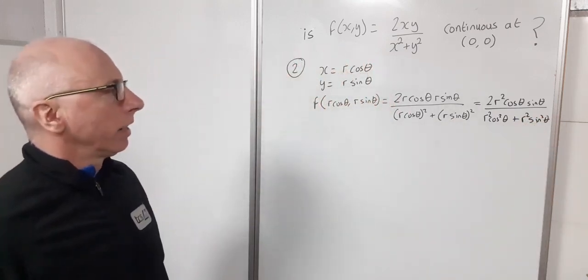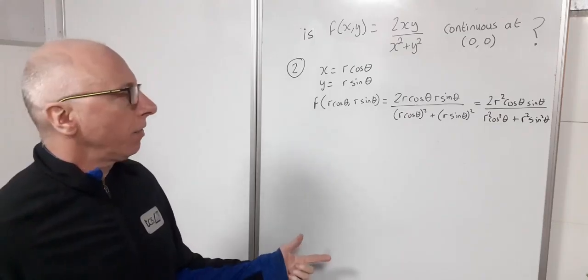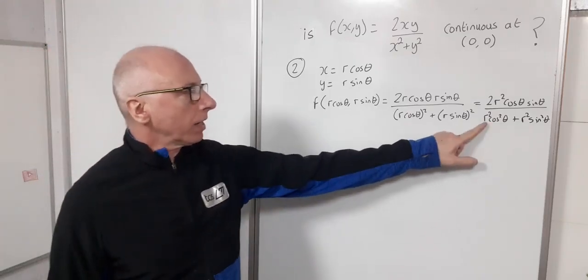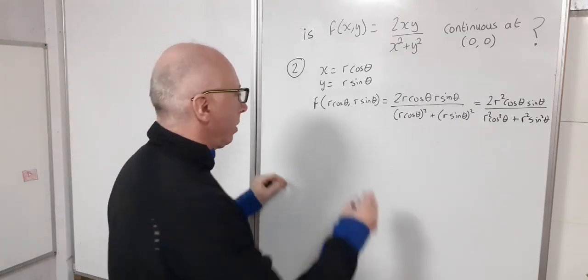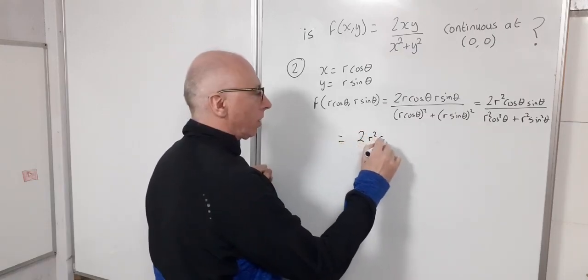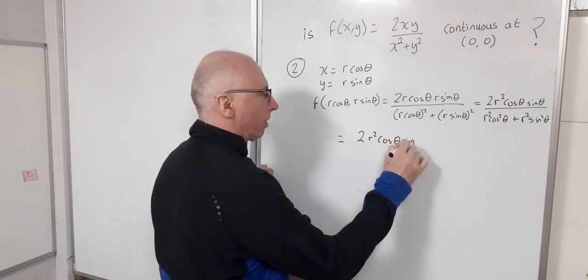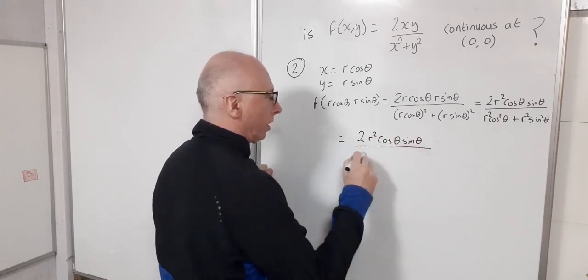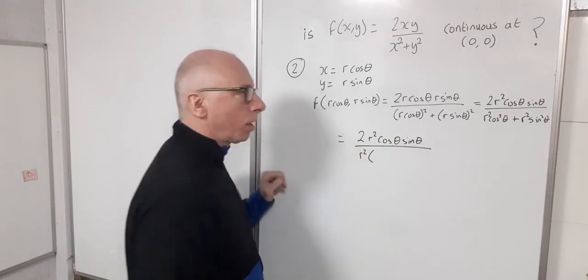Okay, right. Now let's just simplify things a little bit. Let's factor out the r squared in this denominator. So then I've got 2r squared cosine theta sine theta. Take out the r squared as that's common in both.